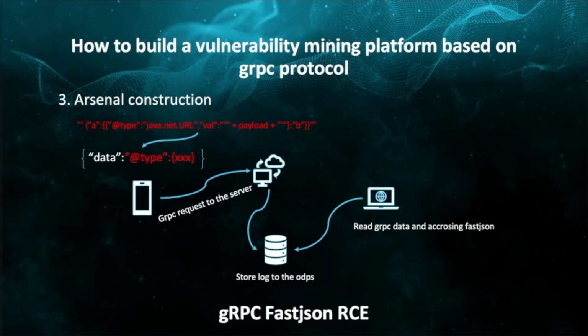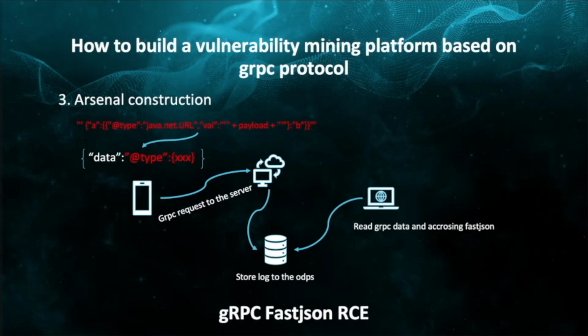The last case is a remote code execution vulnerability caused by the log server. At that time, we found a field of string type in a request, and we guessed that the content might be deserialized by the server.